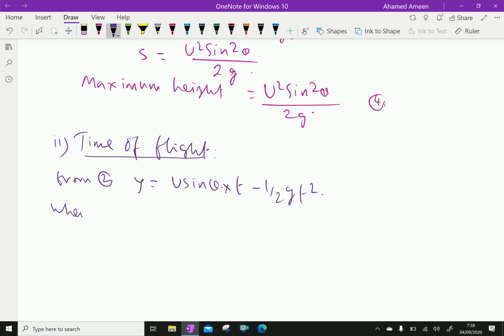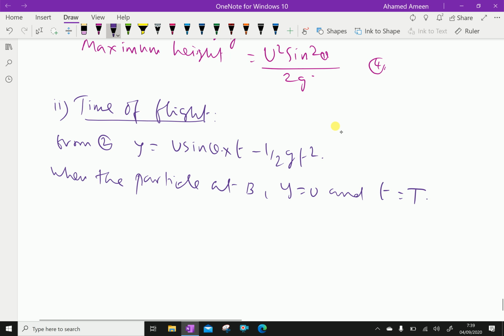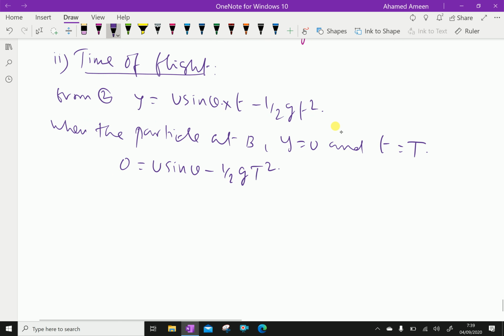When the particle, that is the jet, is at B, that means y equals 0, the height is 0, and time t equals the time of flight T. Therefore we can write 0 equals u sine theta t minus half g t squared.